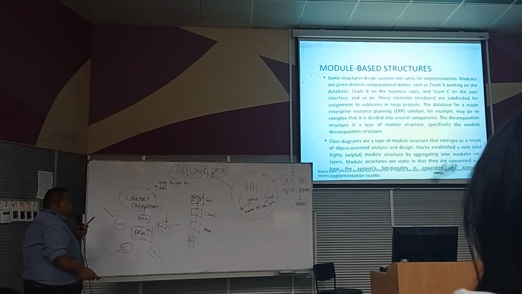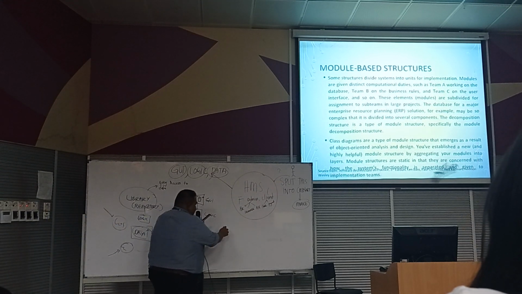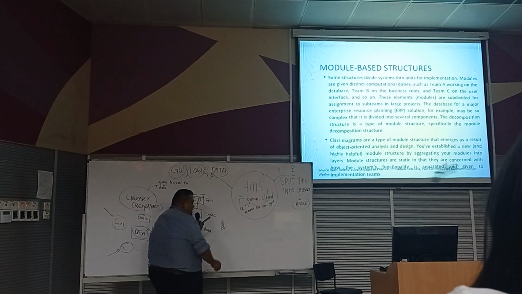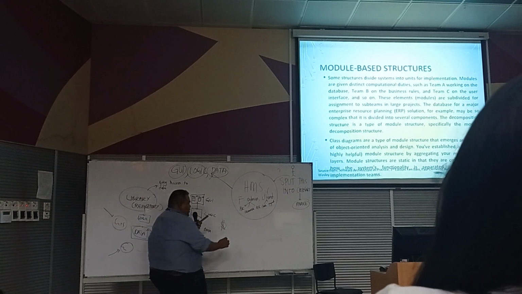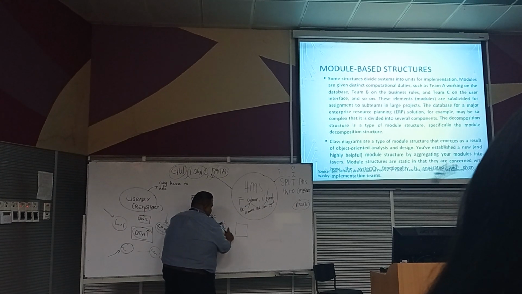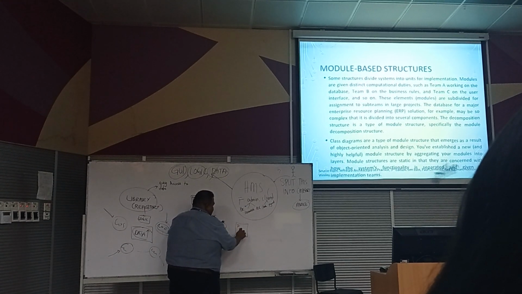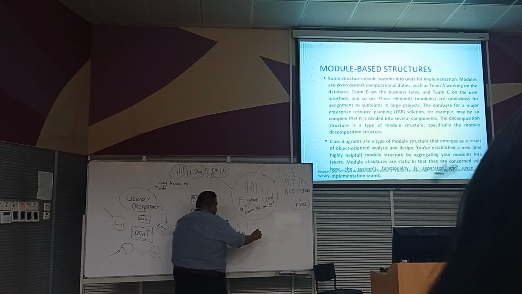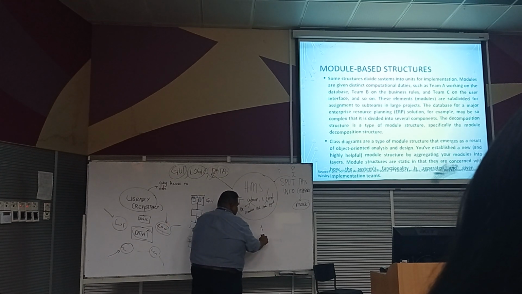Meaning that if I have money that I want to give to my staff, I need to process it. Process number one, cut tax. Process number two, cut EPF.